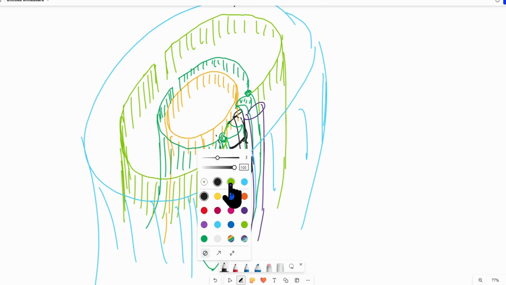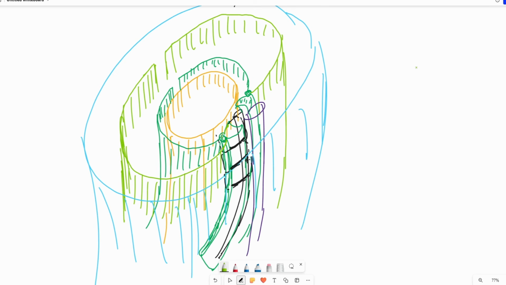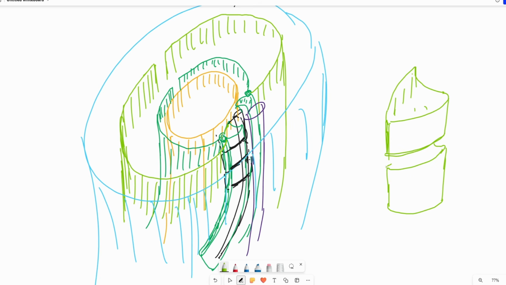If I draw another diagram, here is a segment of paraxial mesoderm, one segment, then we will have another segment below that, and in this way we have multiple segments.